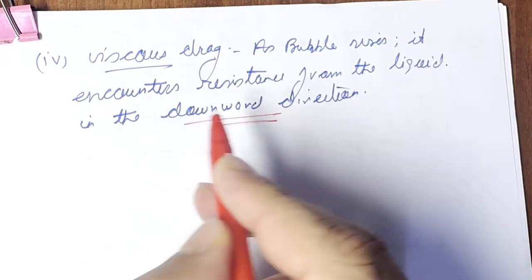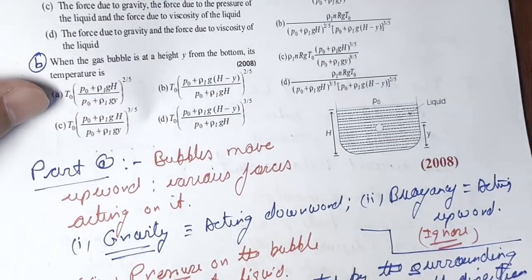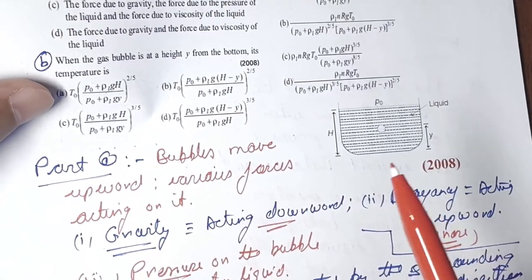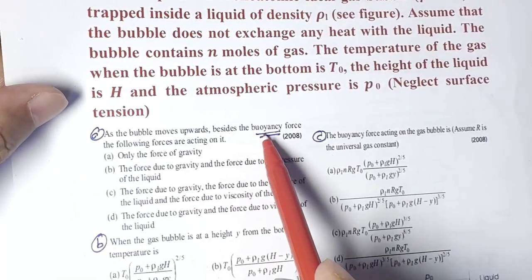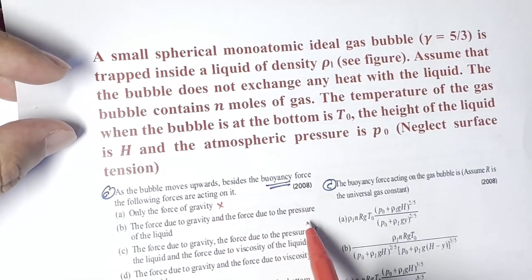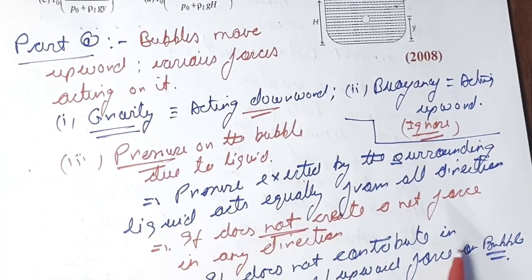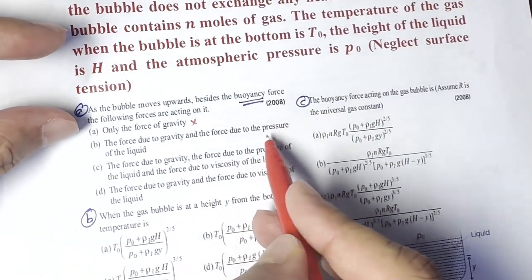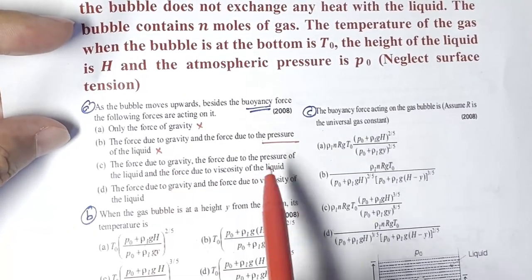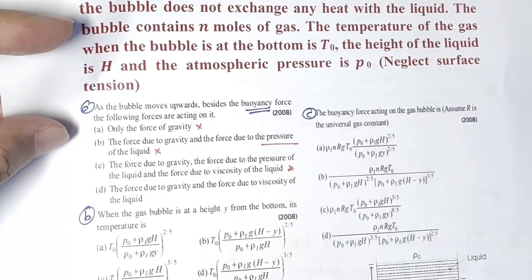So from all these four forces, gravity is one of the forces that is acting on the bubble. Buoyancy, in the question it is said that we have to discuss besides buoyancy. So gravity is not the alone force due to pressure on the liquid. We make a conclusion that the third doesn't contribute any net force, so obviously this cannot be one of the options. The third option is force due to gravity and it also includes the force due to pressure of the liquid, so this can't be the option either.